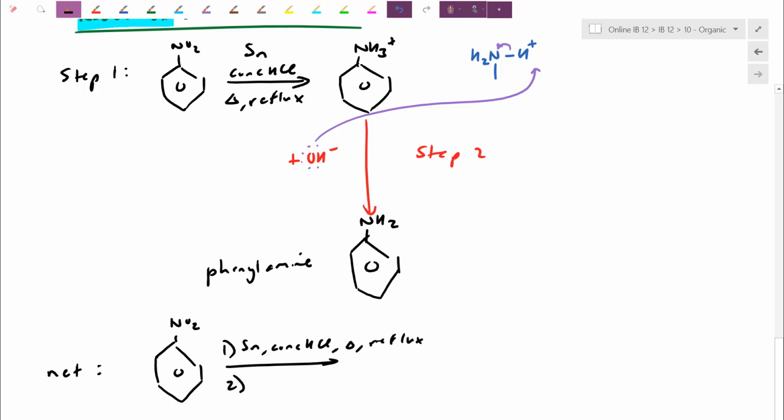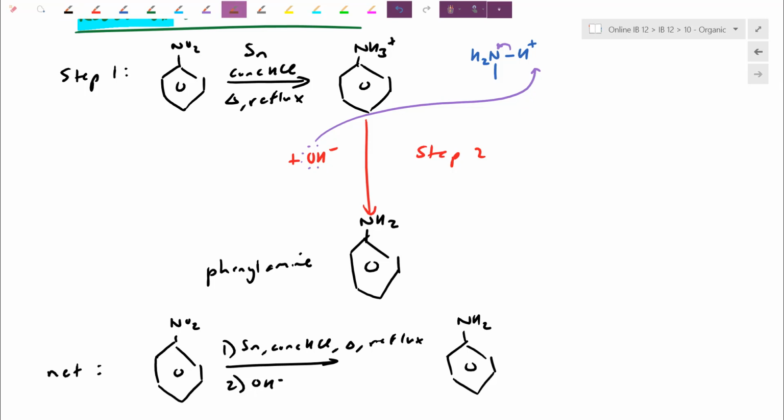Then as a totally separate step, you react it with some base to pick off that H positive, and we end up getting phenylamine. And that's now been reduced. You can check oxidation numbers yourself, but in general, if I replace oxygens with hydrogens, that generally indicates a reduction mechanism. Benzene is strange, it's a case by itself, but you do need to know those 2 mechanisms.